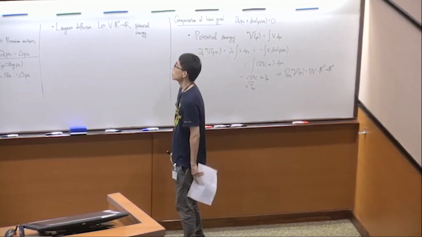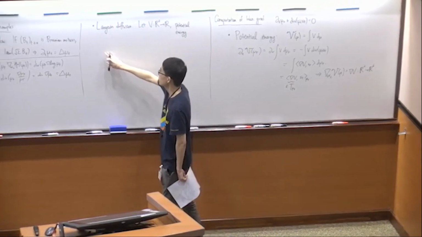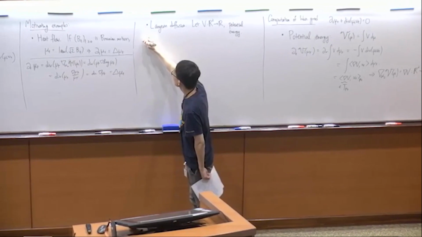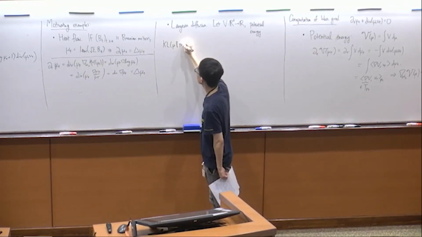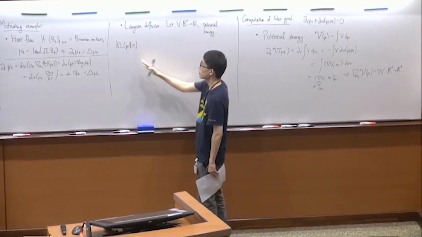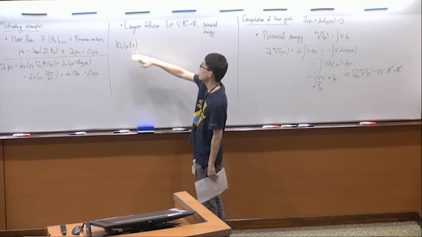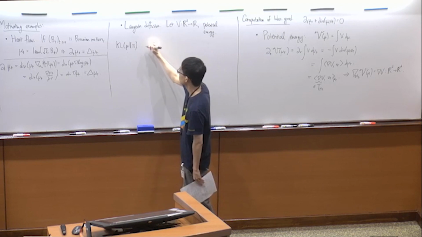All right, so let's now interpret the Langevin diffusion as a Wasserstein gradient flow, and the functional for this is going to be the relative entropy of mu with respect to the stationary distribution pi. I'm going to claim that if I want to minimize the KL with respect to the stationary distribution, the steepest descent is the Langevin diffusion.